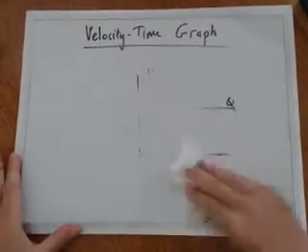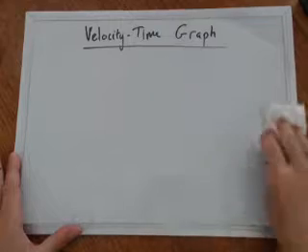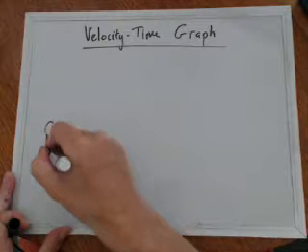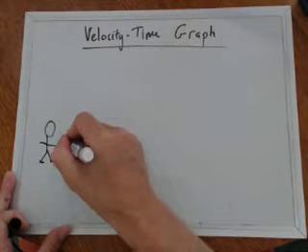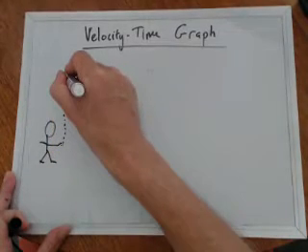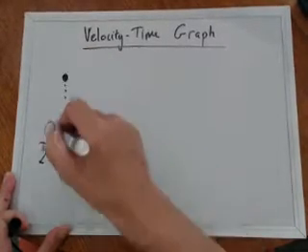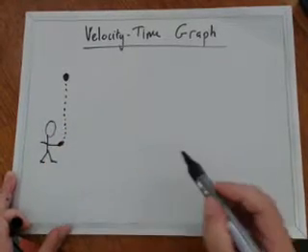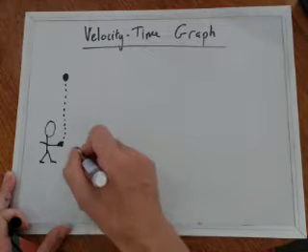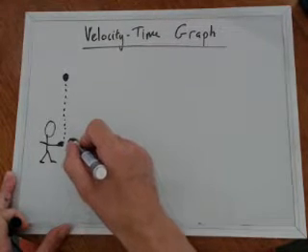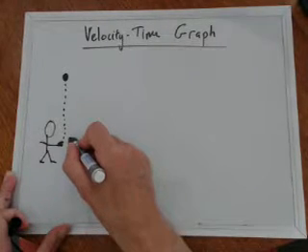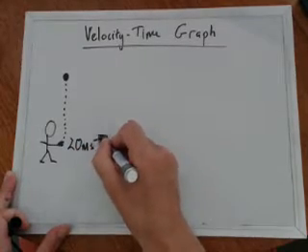Now the final example we're going to look at is we're going to model somebody throwing an object up vertically into the air. So there's somebody and they throw something up vertically into the air, and of course eventually it will stop. Now often in physics we're going to assume the initial velocity is going to be, let's say, 20 meters per second.